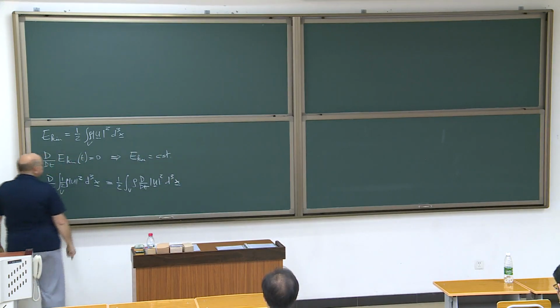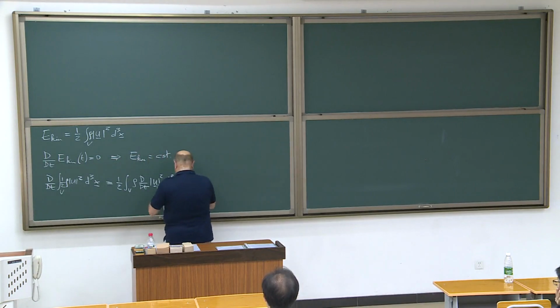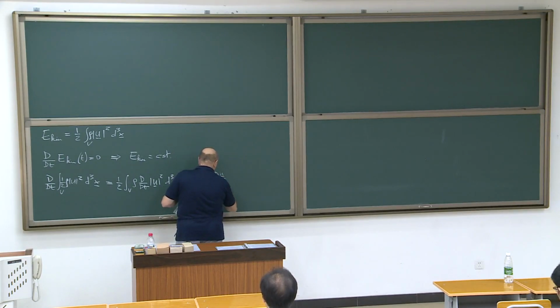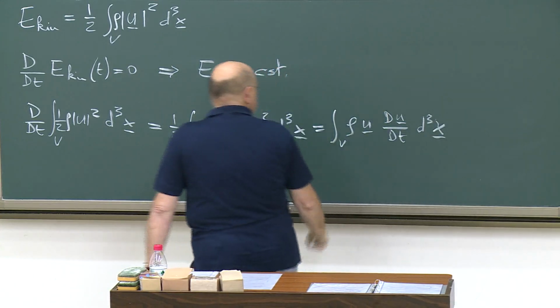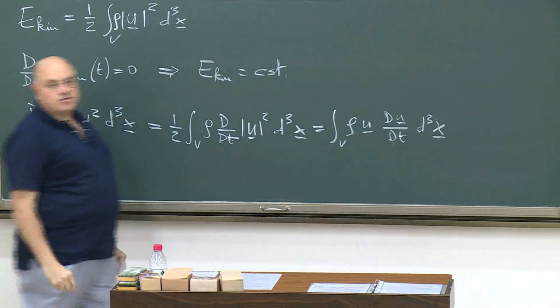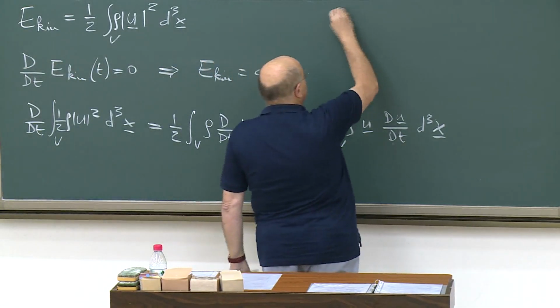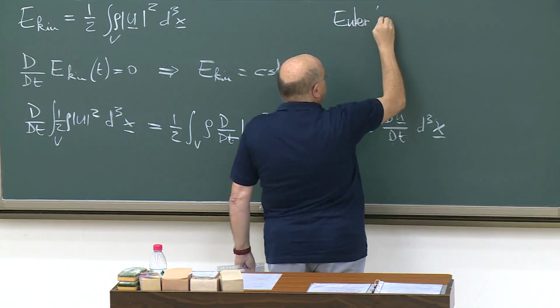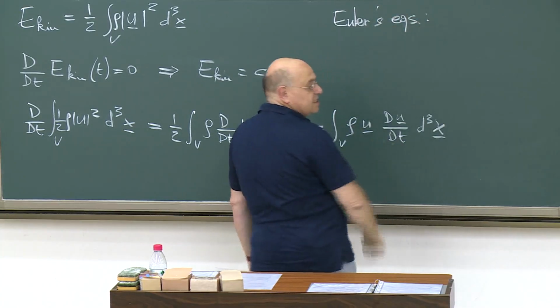Remember what we did yesterday. So we have, standardly, the integral over V of rho u du/dt. Now, du/dt has to come from Euler's equation. And yesterday we saw Euler's equations in terms of du/dt.